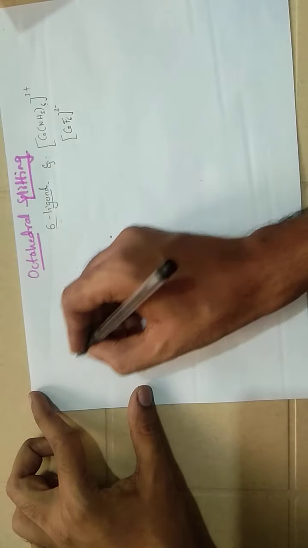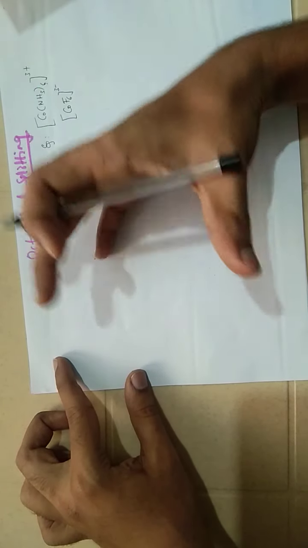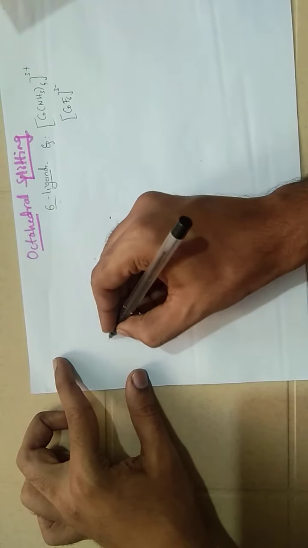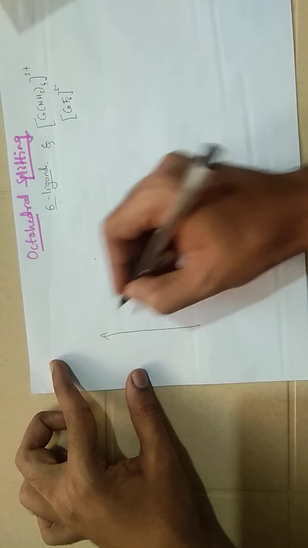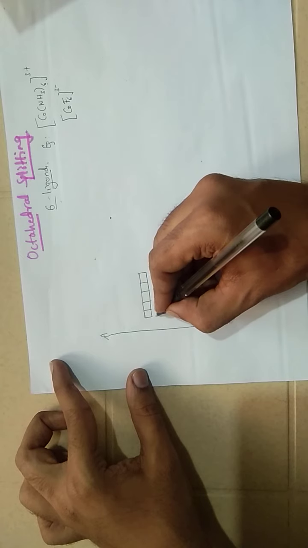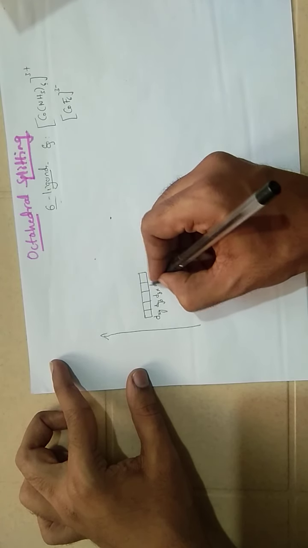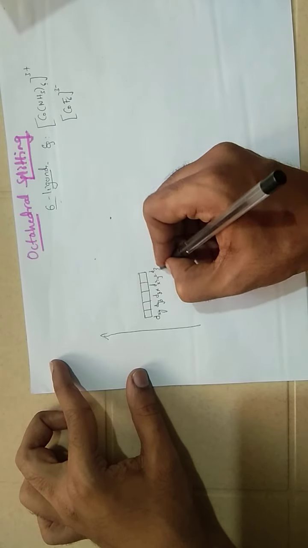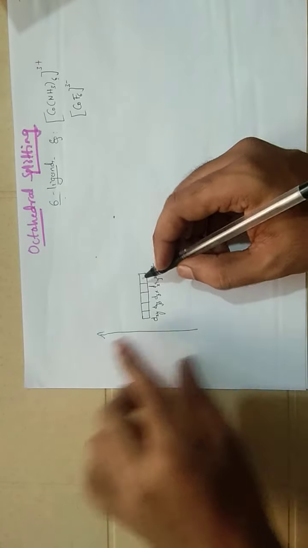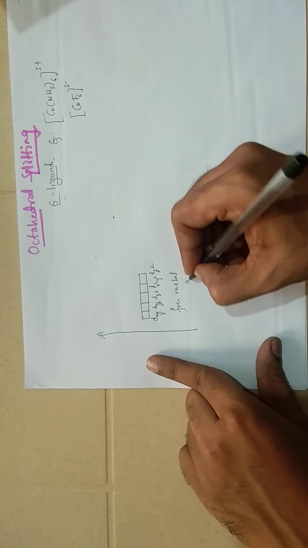So what happens in octahedral splitting? Whenever ligands approach the metal atom, I'm taking an energy axis, and these are the d orbitals: dxy, dyz, dzx, dx square minus y square and dz square. This is a free metal atom or ion.